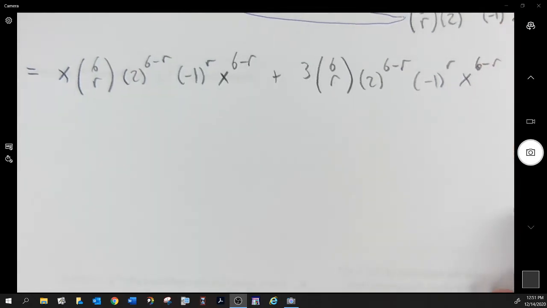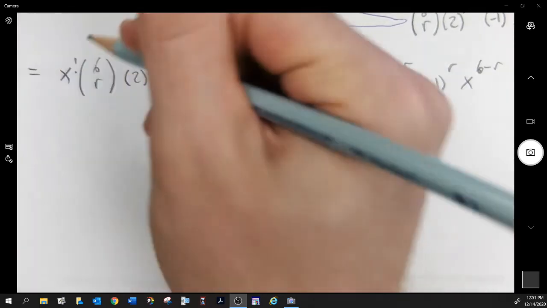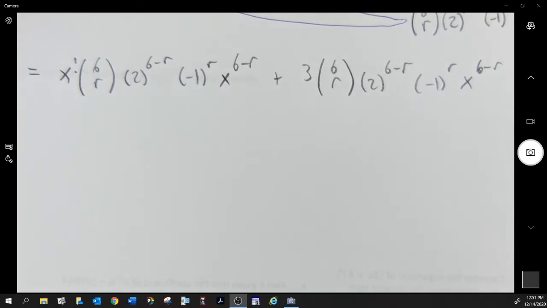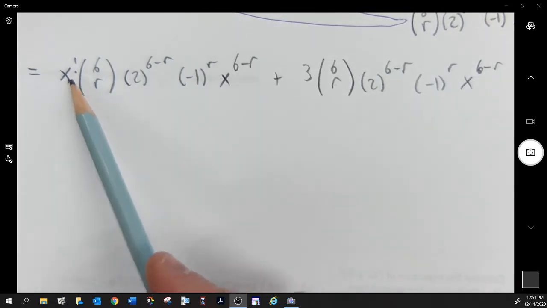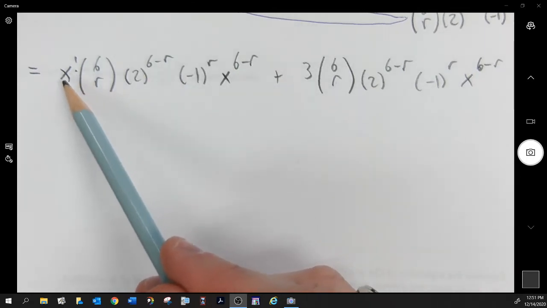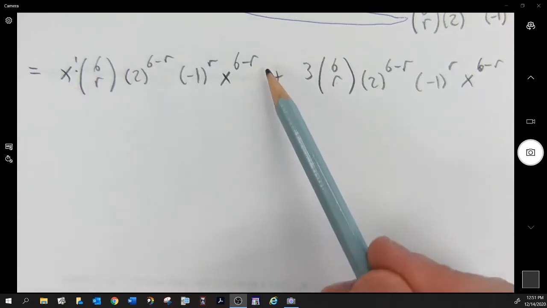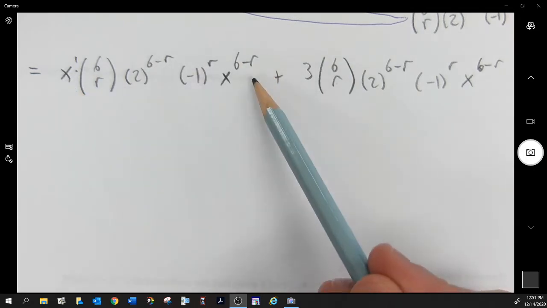One more simplification before I get rocking on this question, and that's right here. This x is x to the first, and it's being multiplied to the front, but it didn't have to be. There is no reason why I can't take this x and put it back here with this x, because it's just x to the first. It's not affected by r, like this one is. So why keep it here? I'm going to move it back here.